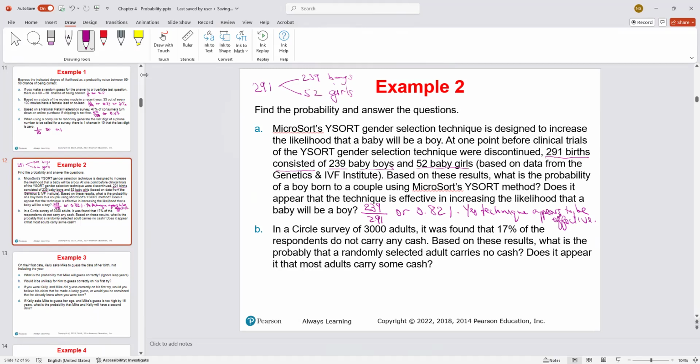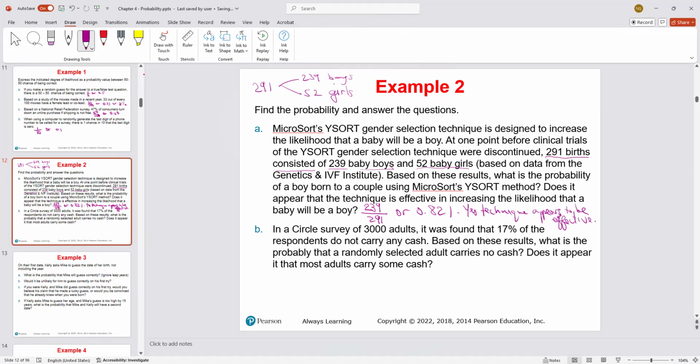Now, we go with another example, where it says, in a survey of 3,000 adults, it was found that 17% of the respondents do not carry any cash. Based on the result, what is the probability that a randomly selected adult carries no cash? They already give you that answer.